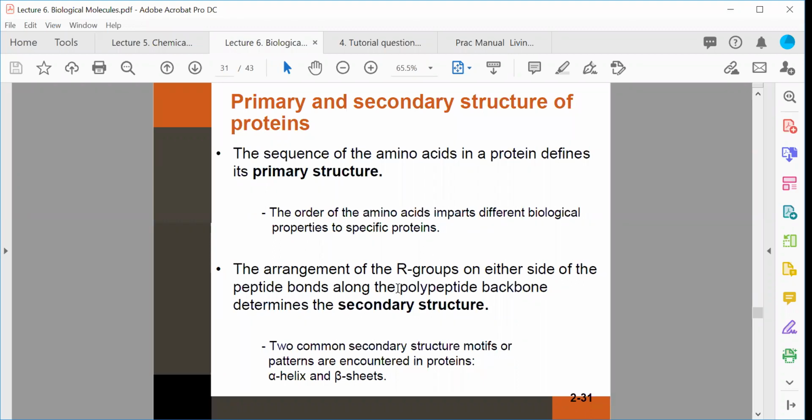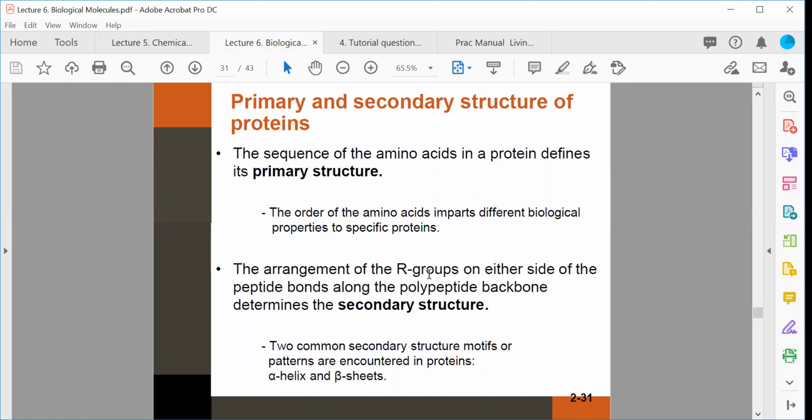Then we can talk about the secondary structure. And this is actually determined by the arrangement of those variable side chains, those variable R groups that you would find on either side of the peptide bonds that are bonding those amino acids together.